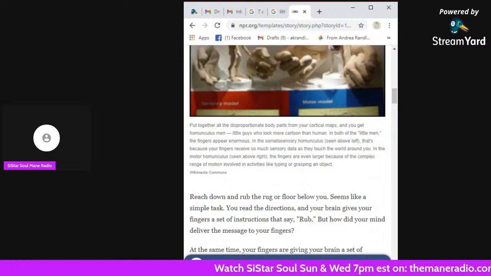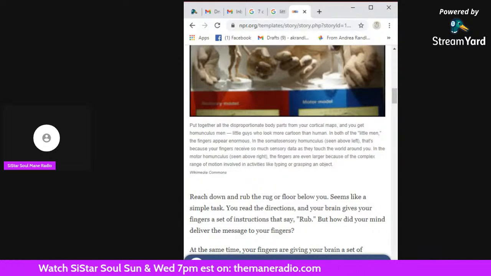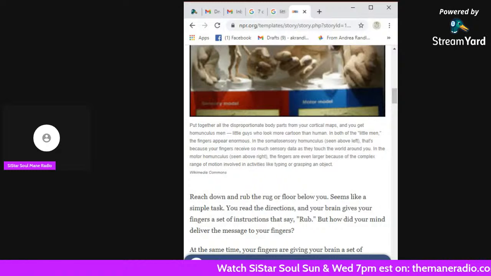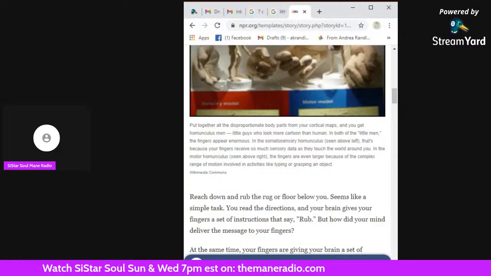It says put together all of these disproportionate body parts from your cortical maps, and you get the homunculus man, which is the little guys who look more like cartoons than humans. In both of the little men, the fingers appear enormous.